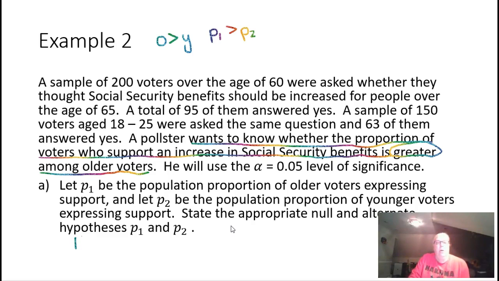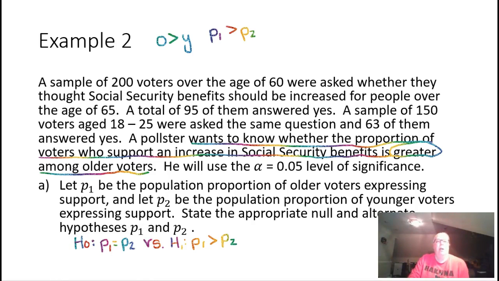Okay, so our null hypothesis is that there's no difference between the two proportions: P1 is equal to P2. And our alternate hypothesis is going to be that P1, the older voters' proportion, is greater than P2, the younger voters' proportion, as far as raising those Social Security benefits.